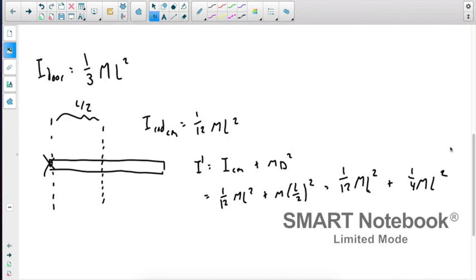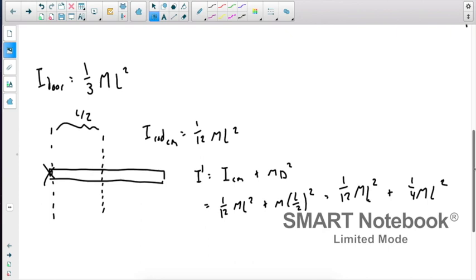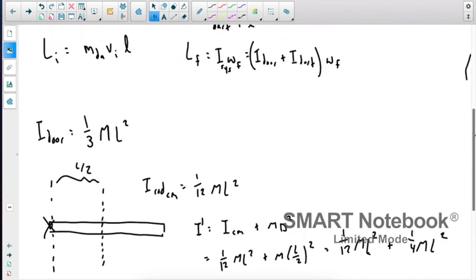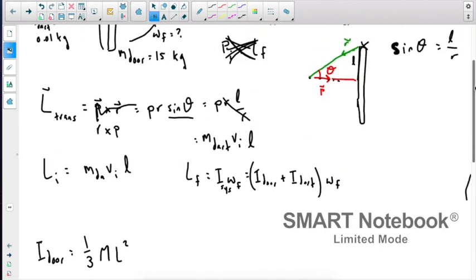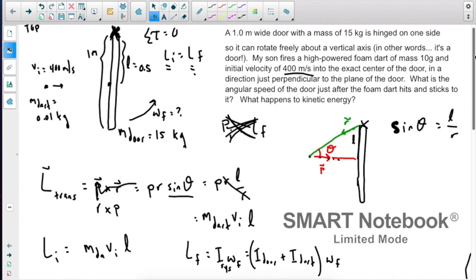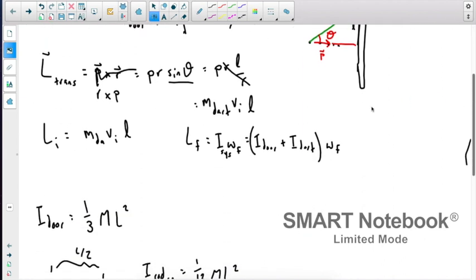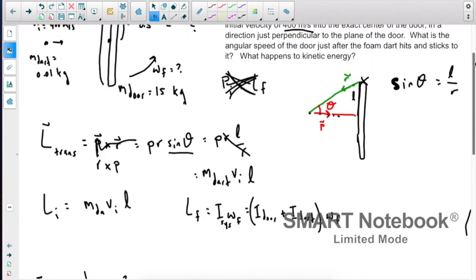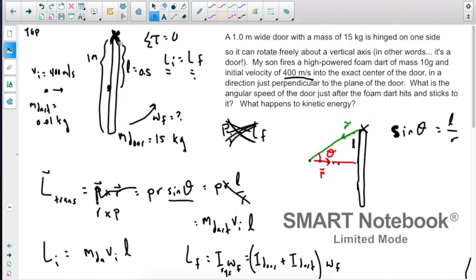So that is for a rod or an extended object like a door rotating about its edge, about its end, which in this case, that's what's happening. So now I need to figure out what the I of the dart is. And really simple, the dart is just like a point particle, right? Right here, rotating about this axis. So remember that the I value for a point particle rotating about the axis is just m r squared.